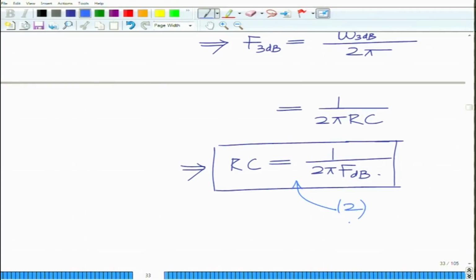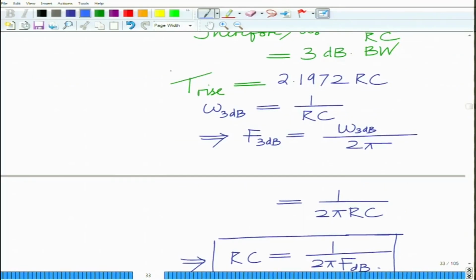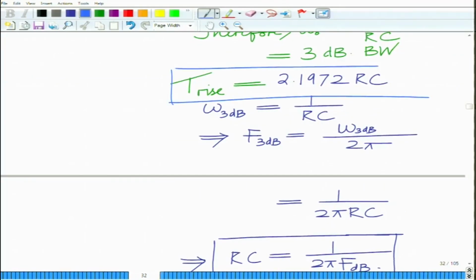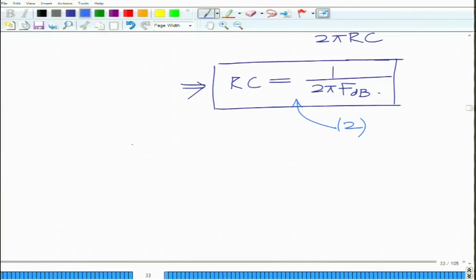Now, call this equation 2 and the earlier one equation 1. All that remains is substituting this value of RC from 2 in 1.